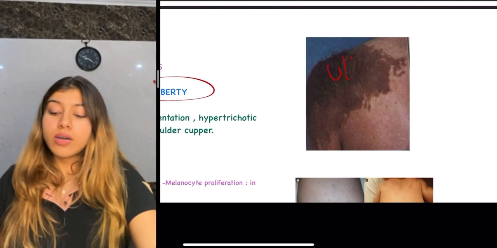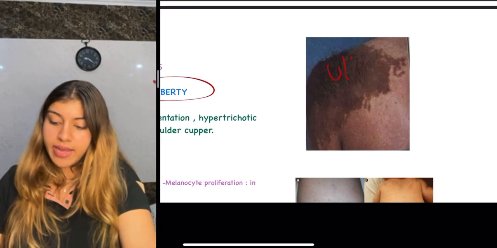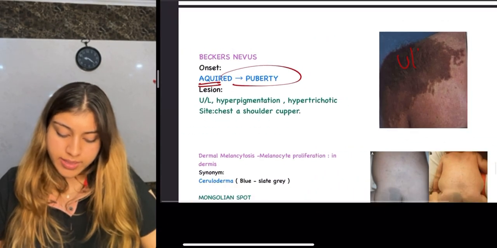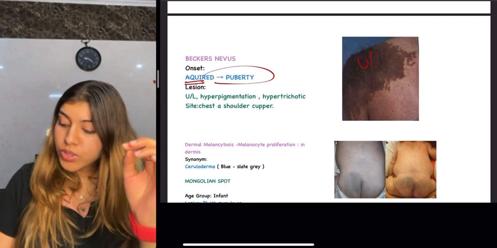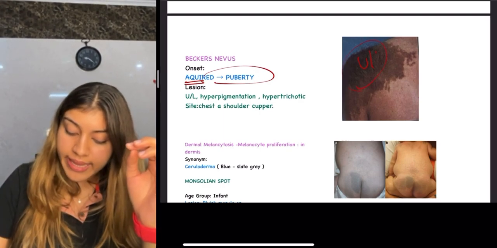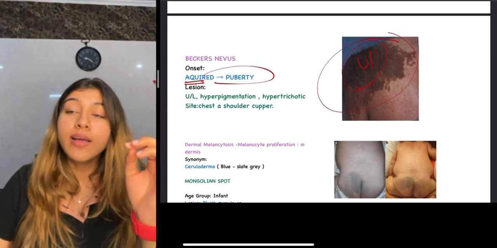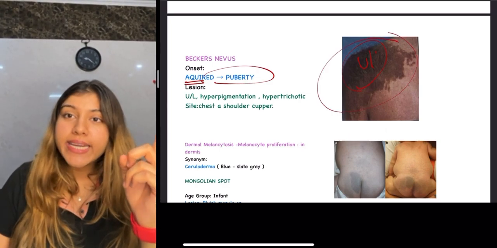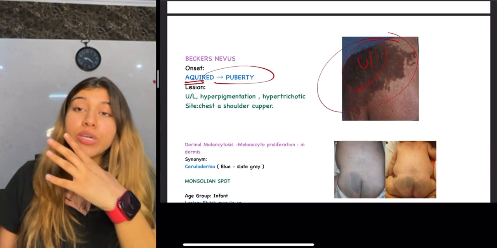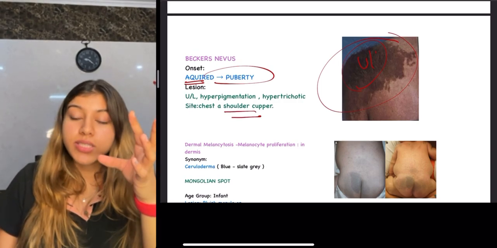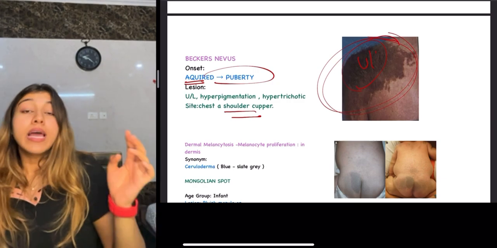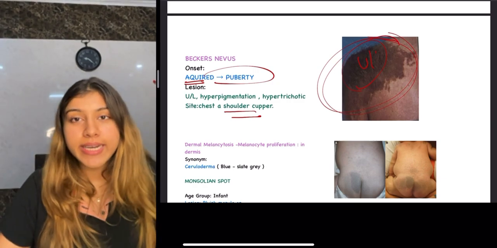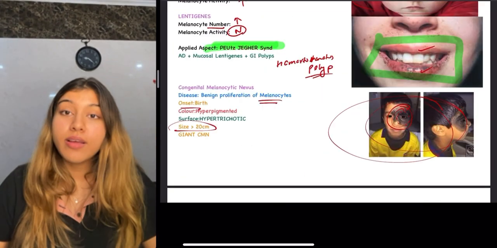One important thing is that this is a unilateral hyperpigmented lesion, and as we can also see over here, this is hypertrichotic. Again, I can see a lot of hair over here, right? And where is the site, guys? The site is either going to be on the chest or on the upper shoulder surface. Over here we can see that it is unilateral and present on the upper shoulder surface. Whereas, where was congenital melanocyte nevus present? Very good, it was present on the face.